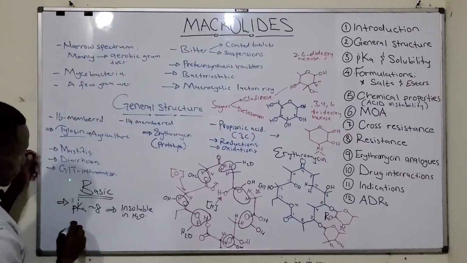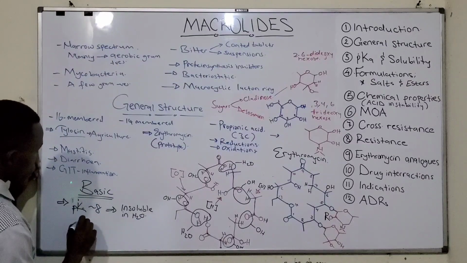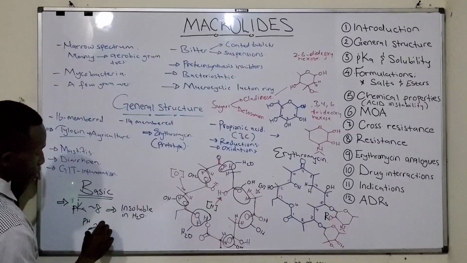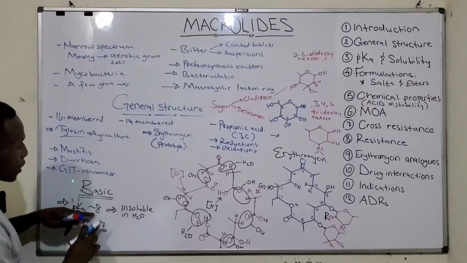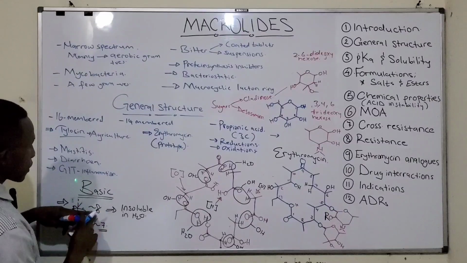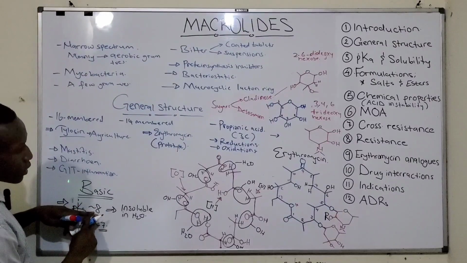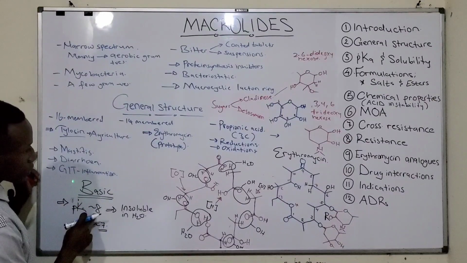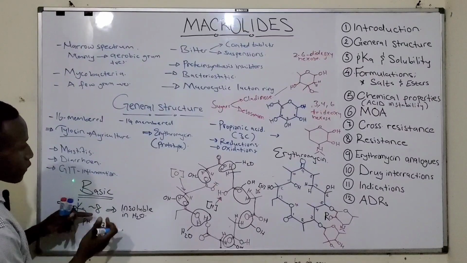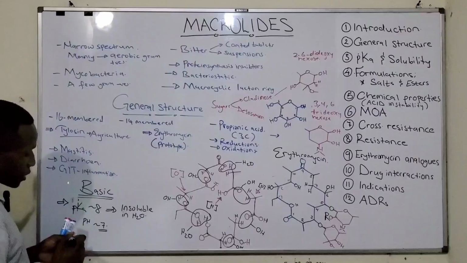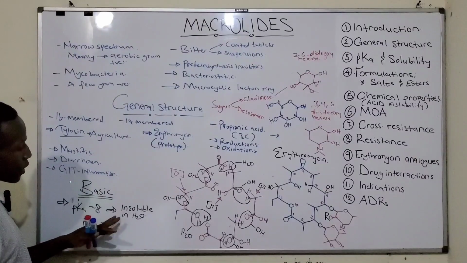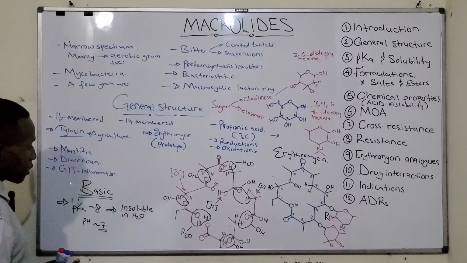Because the pH of water is around 7, and the pKa is at 8, at a pH higher than 8, there will be no dissociation. But below 8, we can have dissociation. But this 7 is nearer to the 8. So they are slightly insoluble in water.